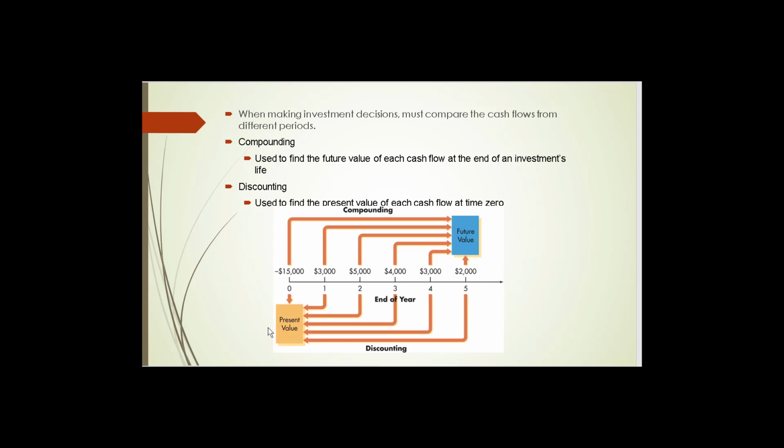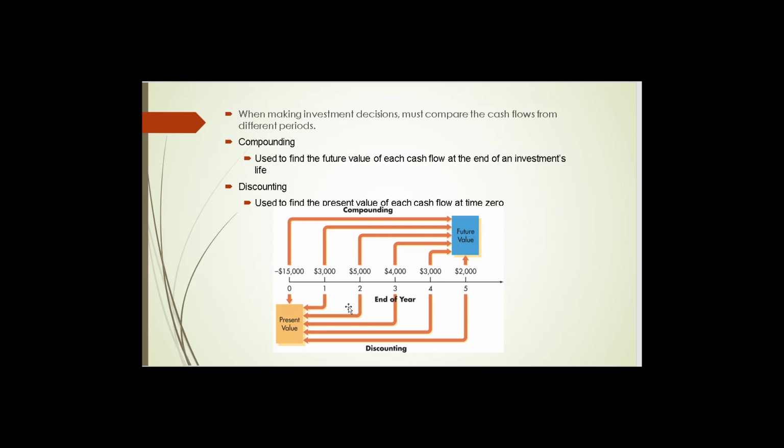When we're looking at this question of time value, we can be looking to the future or we can be looking to the present. The concept of compounding is where you take cash flows that you expect to have or to pay, and you see what value they will grow to in the future.